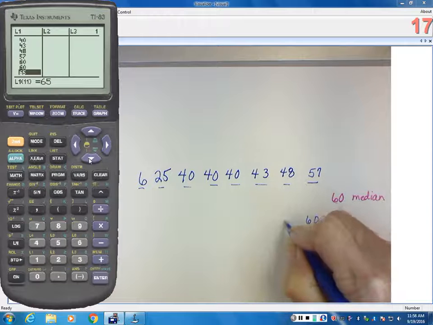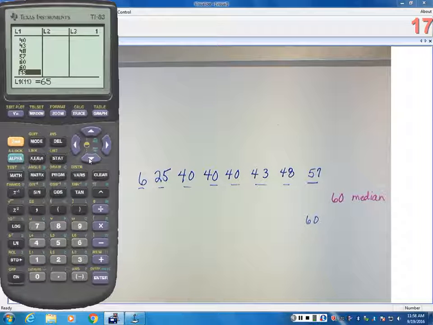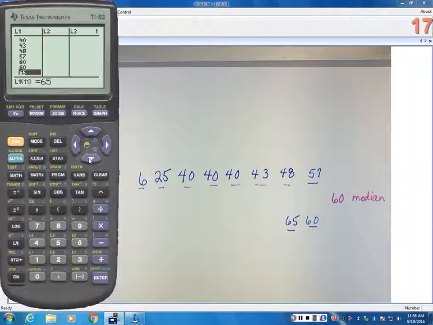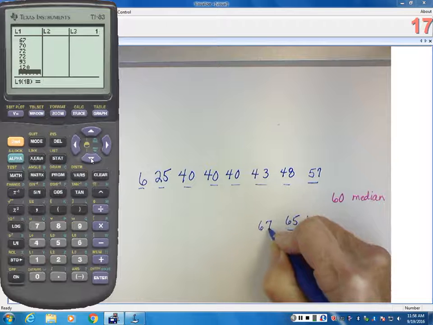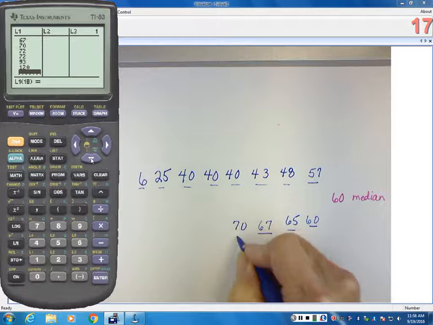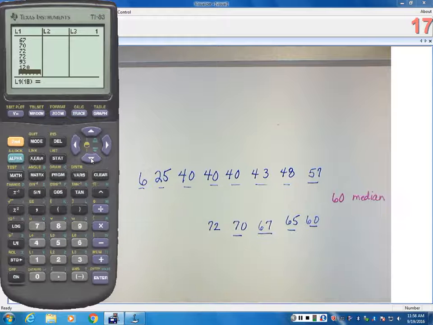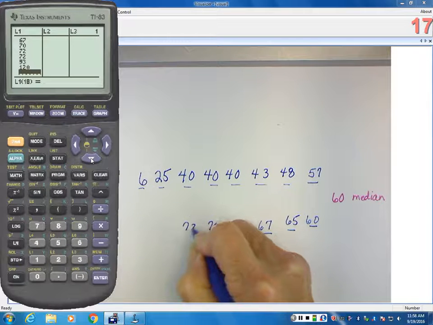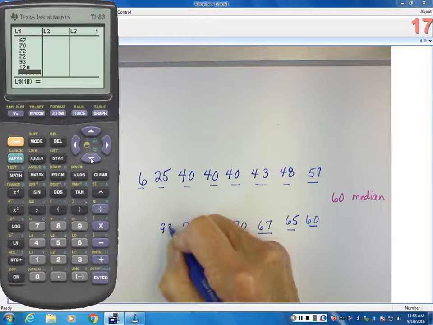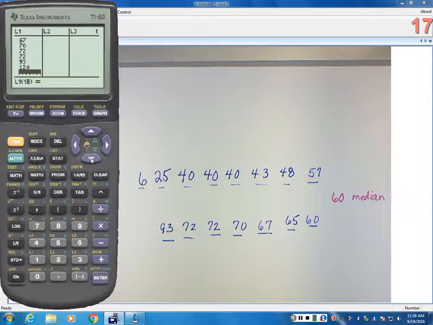Some more 60s, a 65, and then 67, 70, 72, 72, 93, and 120.